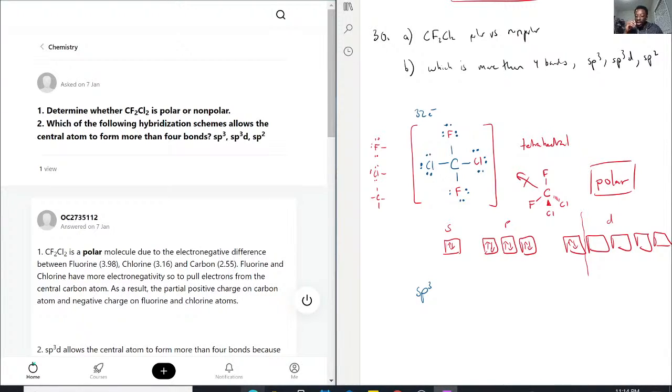And as you can see here, only 4 bonds, which is why this would not work. sp2, 6 electrons. We're thinking of things more like boron. Okay? That is what we're thinking when we think of sp2.